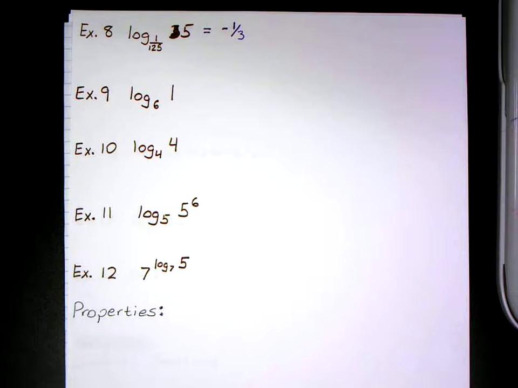The 1/3, because we're going from a large number to a small number, so the only way we can go from a large number to a small number is by rooting. So a cube root of 125 would turn it into a 5. So that would be -1/3.